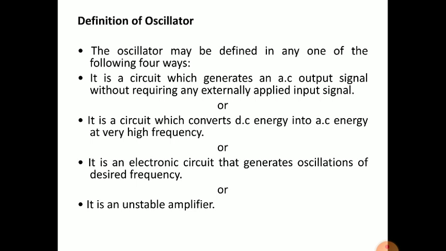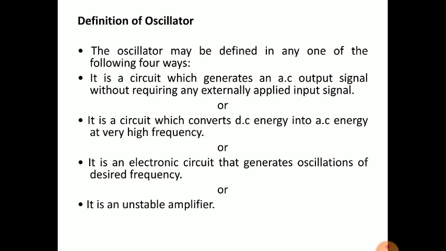Oscillations are time varying signals, so that is an AC output without any externally applied input signal. We are not applying an external input signal, but we are applying DC bias voltages.